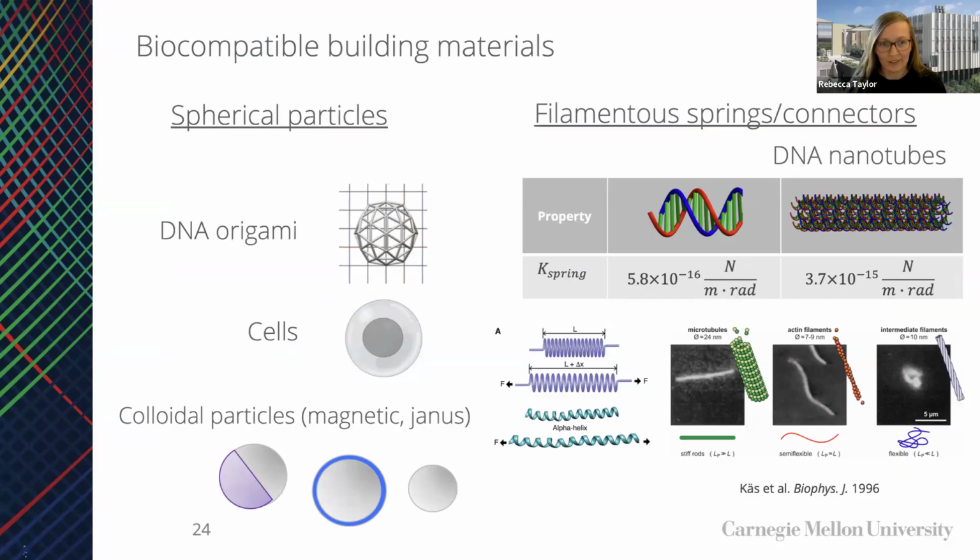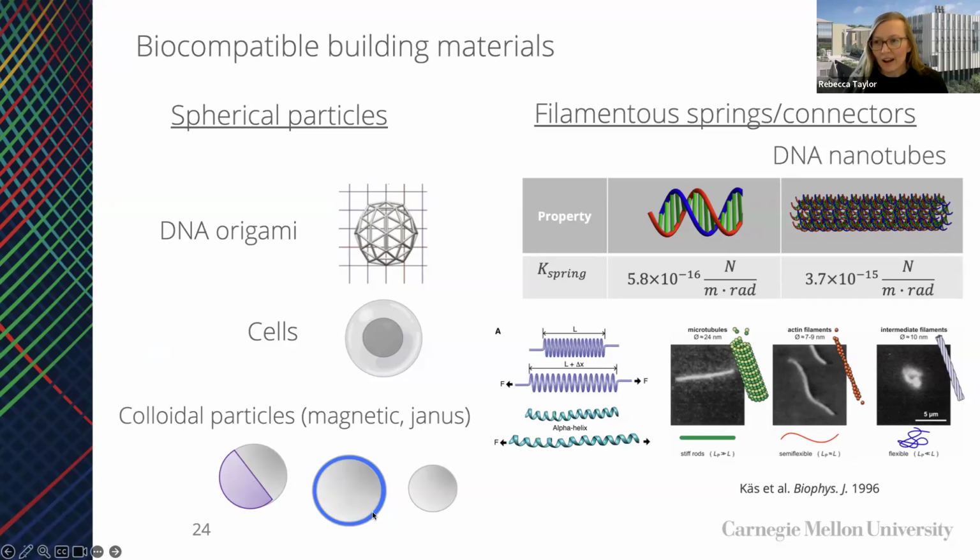So for this, as engineers, we look at the materials we can build with at the micro and nano scale. They're increasingly complex and really useful, like DNA origami type nanoparticles. Cells themselves are micron scale. There's a range of colloidal particles, and then also more simple particles that just have a polystyrene sphere or one with a magnetic coating that we can choose from. And that's what we started with for these studies.